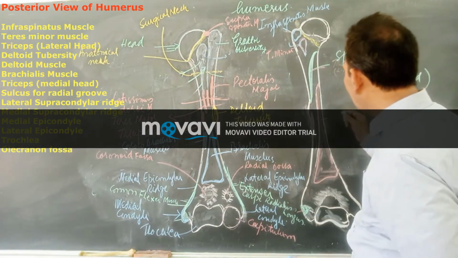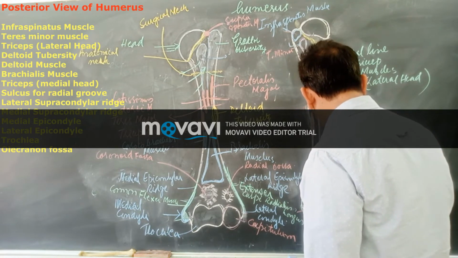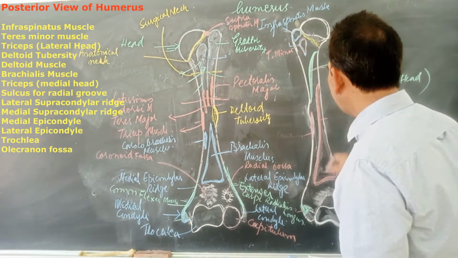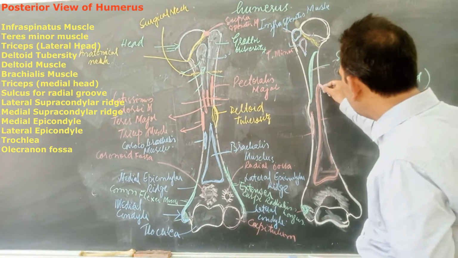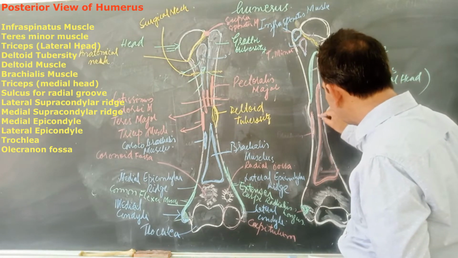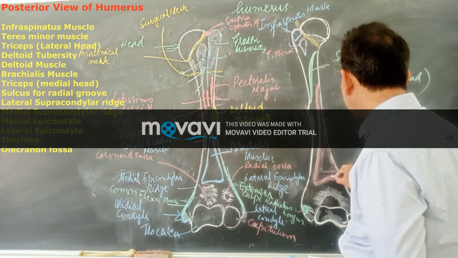Now we will come to the posterior side of the shaft of the humerus. On the medial side, the major portion is covered by muscle, a triangular surface area.